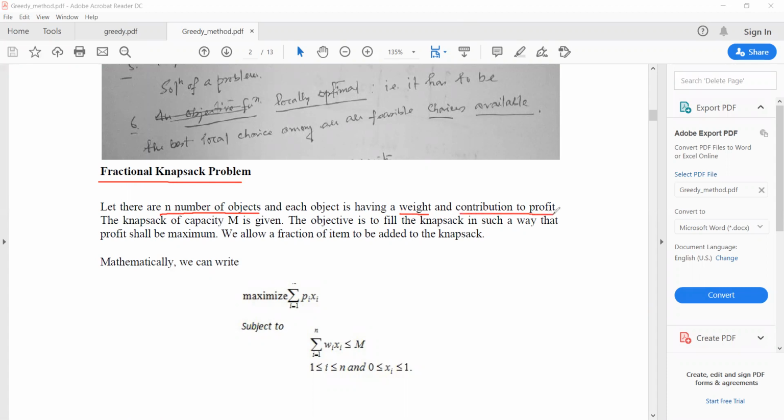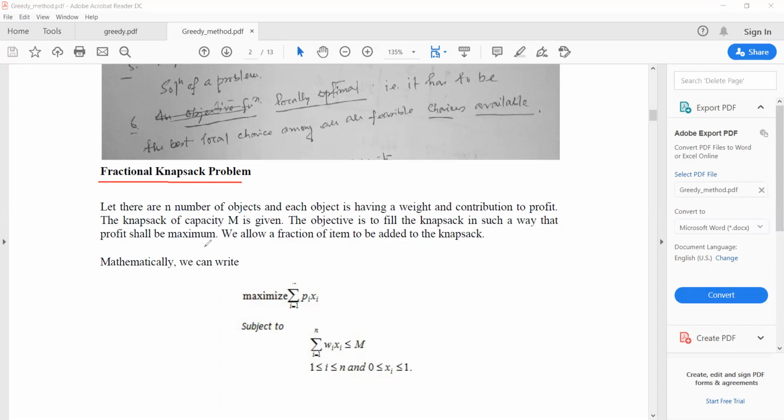A knapsack can carry a maximum capacity, which is given. So what is our objective? The objective is to fill the knapsack in such a way that the profit is maximum.